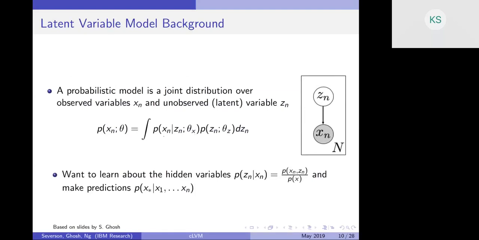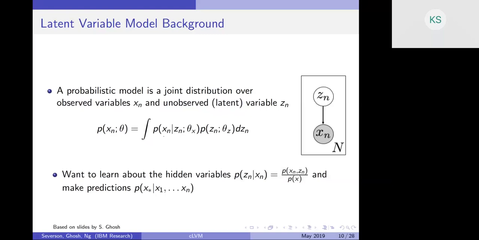The questions we're interested in answering are: what can we say about the probability of the unobserved variable given the observed variable? And how might we make predictions about some new sample X star given what we've already seen?